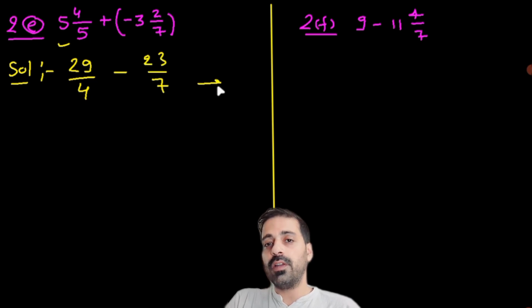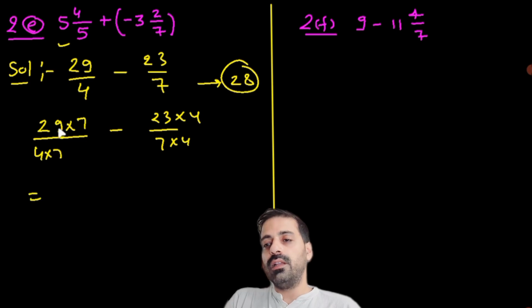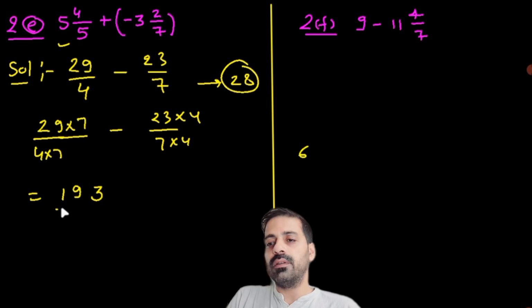Now the LCM of 4 and 7, that is 28. So 29 times 7, and 23 upon 7 times 4. Now 29 times 7: 9 7s are 63, so 6 is carried forward, 7 2s are 14, and 193 upon 28.